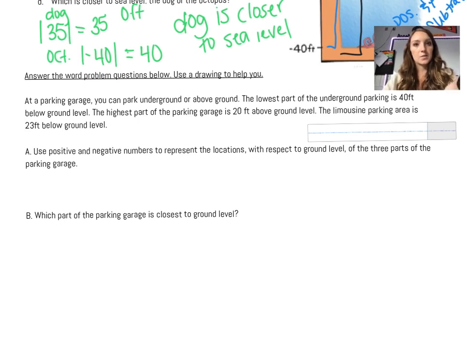I'm going to highlight some of this important information. The underground parking is 40 feet below ground level. The highest part of the parking garage is 20 feet above ground level. We also know that the limousine parking is 23 feet below ground. So let's take a second and draw this out.